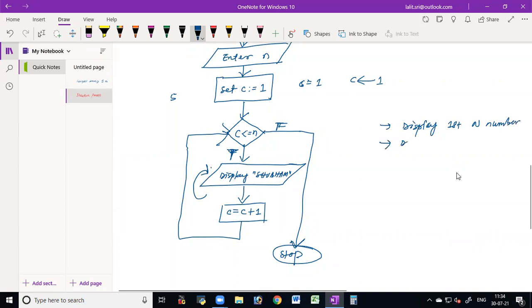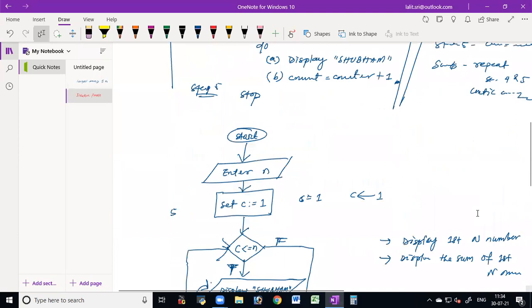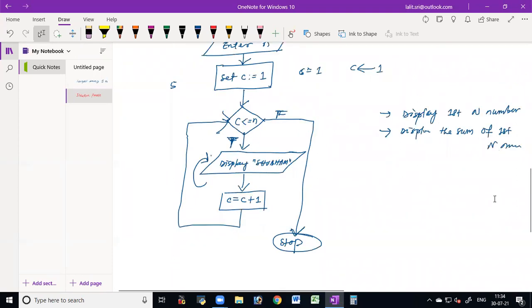You have to display the sum of first n numbers, that means 1 plus 2 plus 3 plus 4 plus 5 up to n. You can display the sum of this series, sum equal to 1 square plus 2 square plus 3 square, like this.